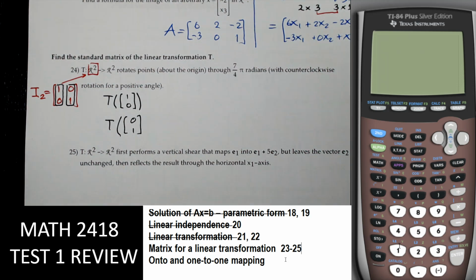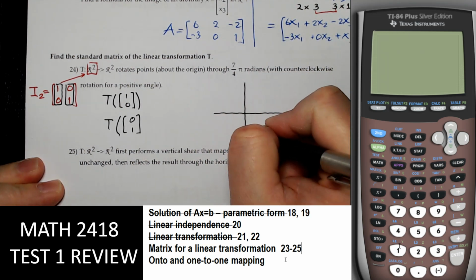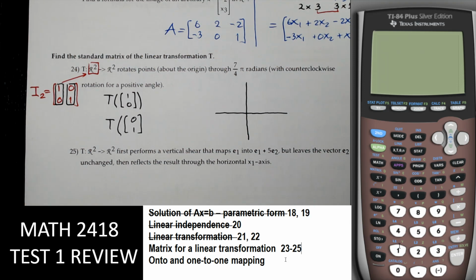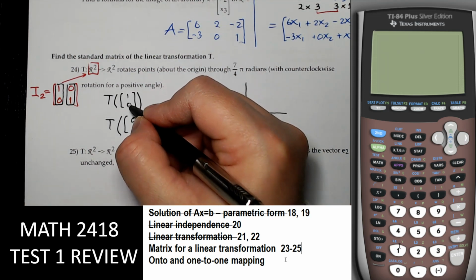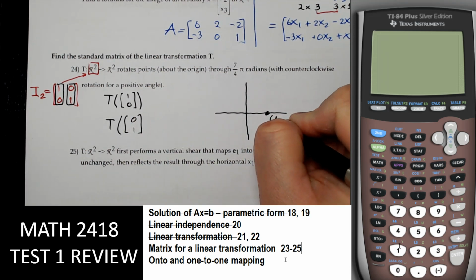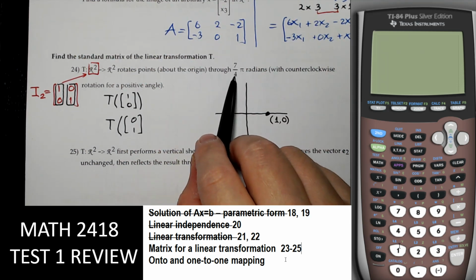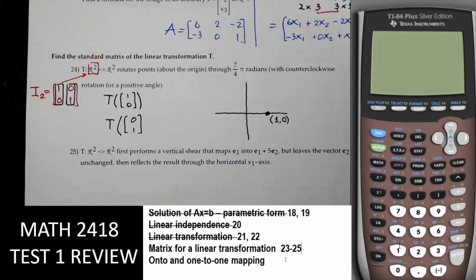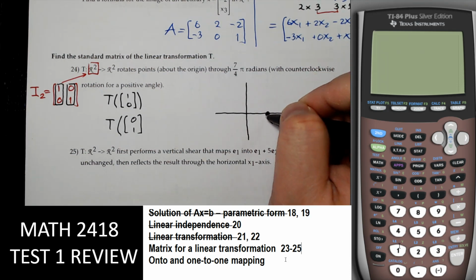Now this requires a little geometry or trigonometry. First, by the way, this is like x and y. So x is 1, y is 0. We have this point. Now, this will rotate 7 over 4 pi, which looks like it's going to be almost 2 pi.